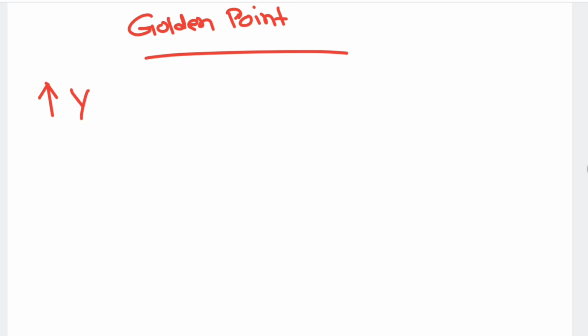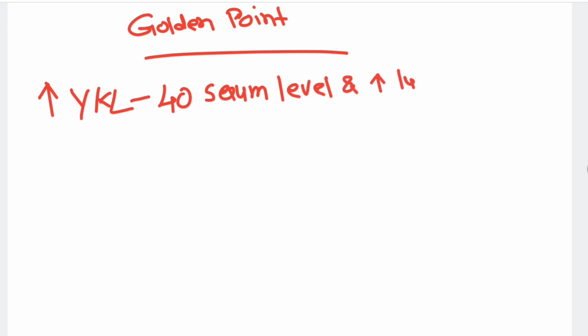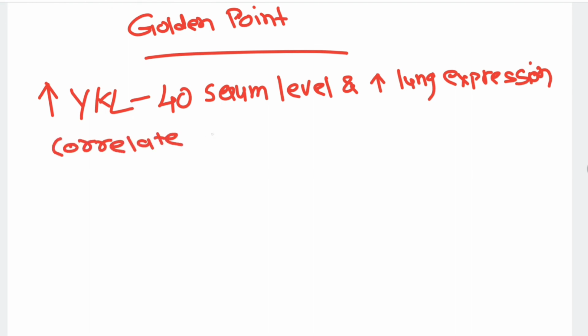Now one golden point. It can be asked in the MCQ sometimes. There is an increased YKL-40 in the serum as well as in the lung. The elevation of YKL-40 is correlated with disease severity.